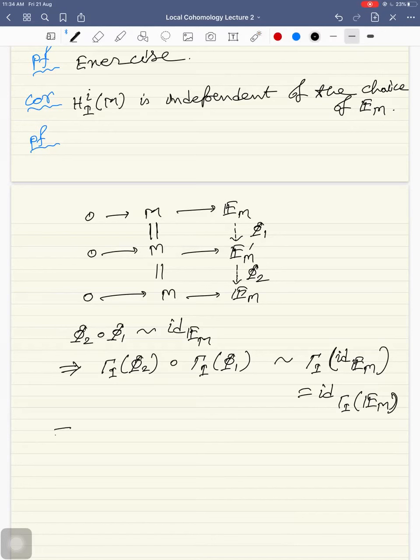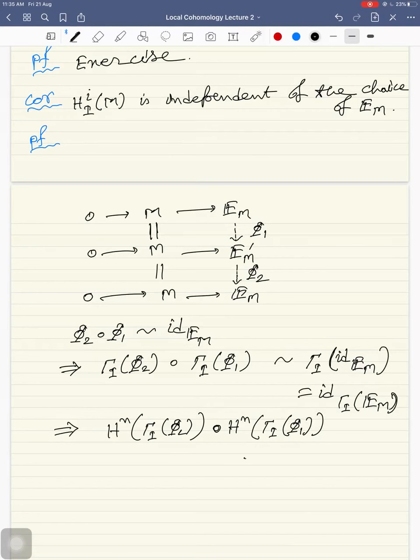So that means on the cohomology level, taking cohomology on a quotient complex is also a functor. So using that fact, after taking the nth cohomology, it just preserves the composition.